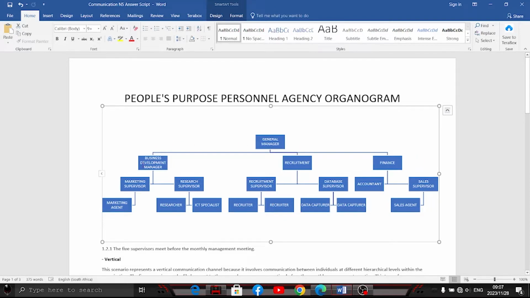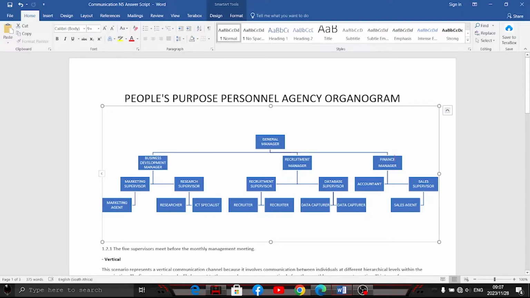As you can see with our structure, there are only 3 managers. Let's just add the manager over here, and the finance manager as well. There we go. So we have our 3 departments over here.